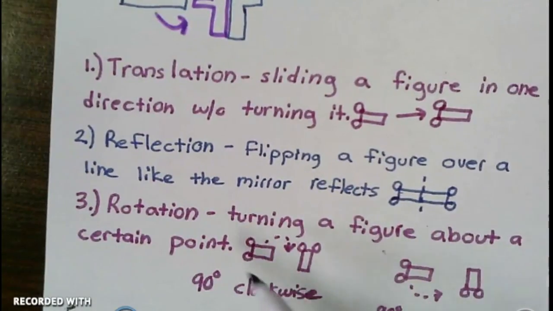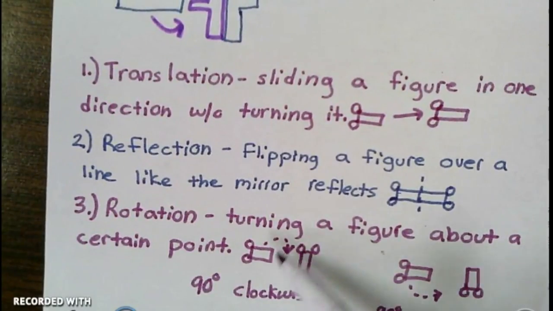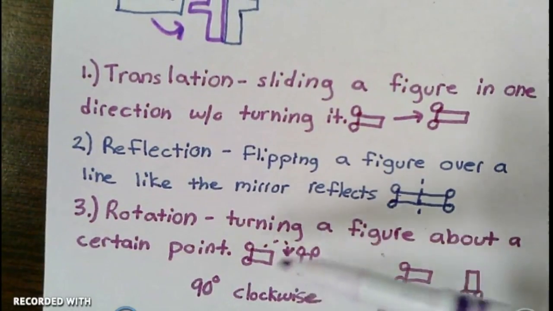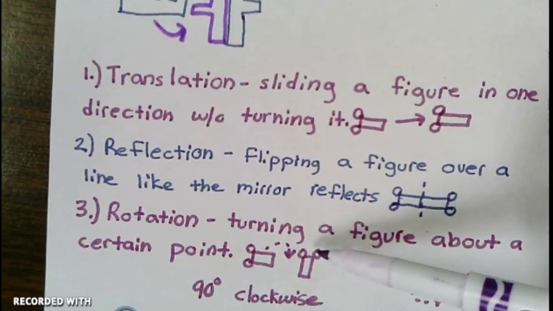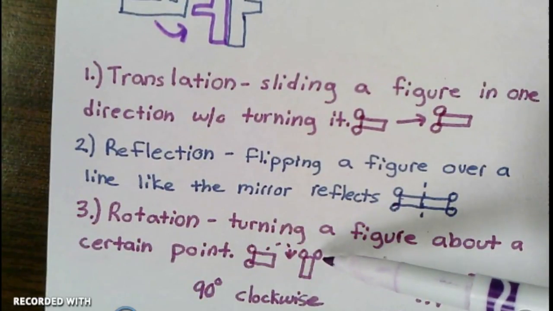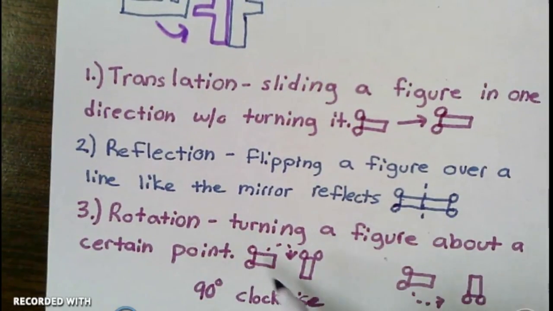A rotation turns a figure about a certain point. So in this case, I just turned it and put it up on its side. If I go this way, then it's like I'm going around a clock. It's clockwise. If I go backwards or this way, it's counterclockwise. If I turn it from this way to this way, that's 90 degrees.